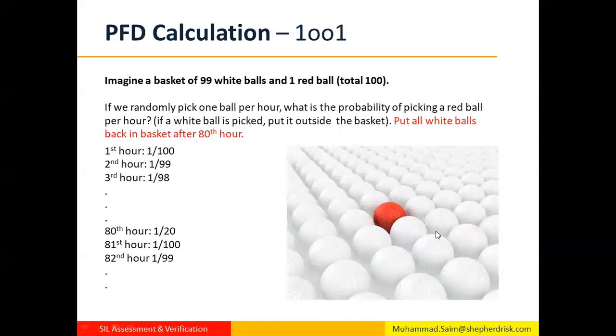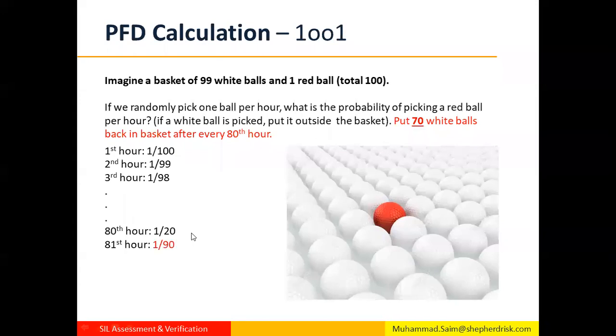Now let's assume that instead of putting all the 80 balls back in the basket at the 80th hour, we put 70 balls in the basket after every 80th hour. In the 80th hour, the PFD, the probability of picking a red ball, was 1 out of 120.